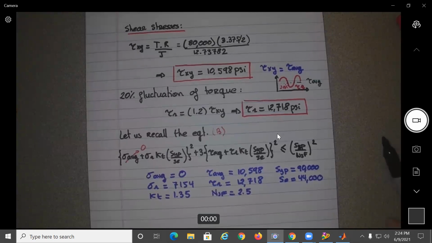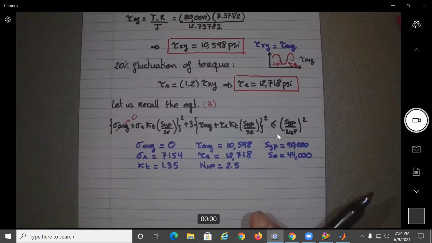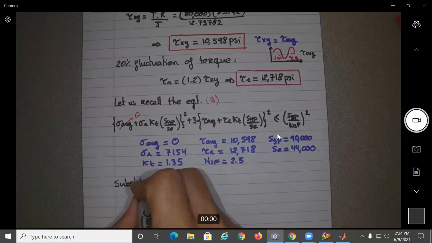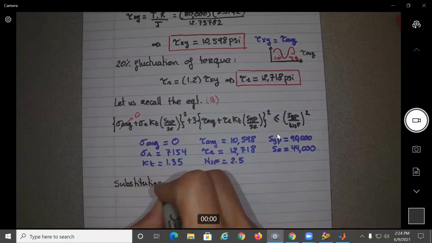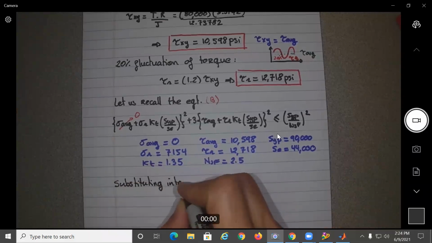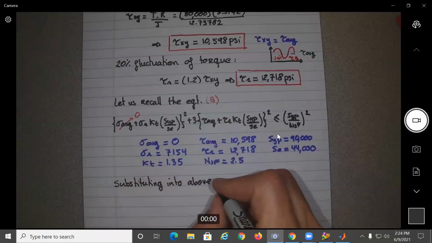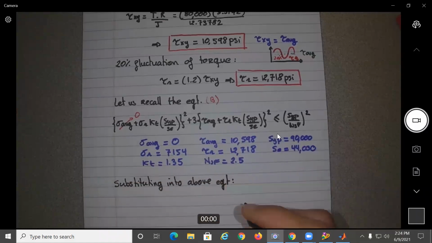this is going to give, so if you substitute into the above equation, meaning this one over here, you get 6.6605 times 10 to the 9.